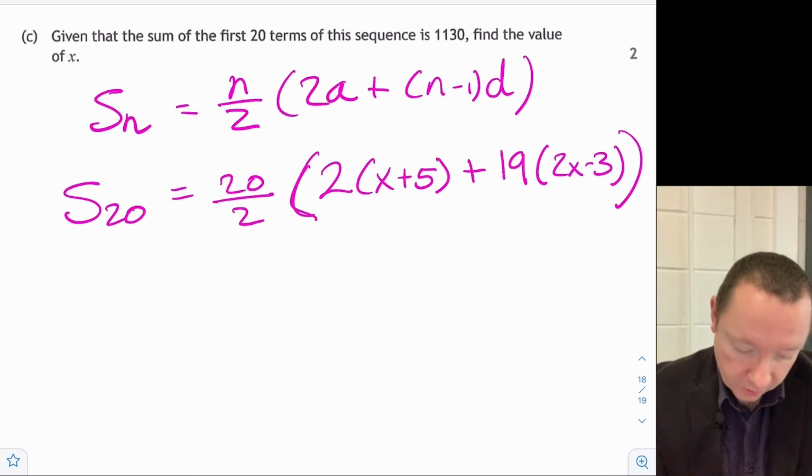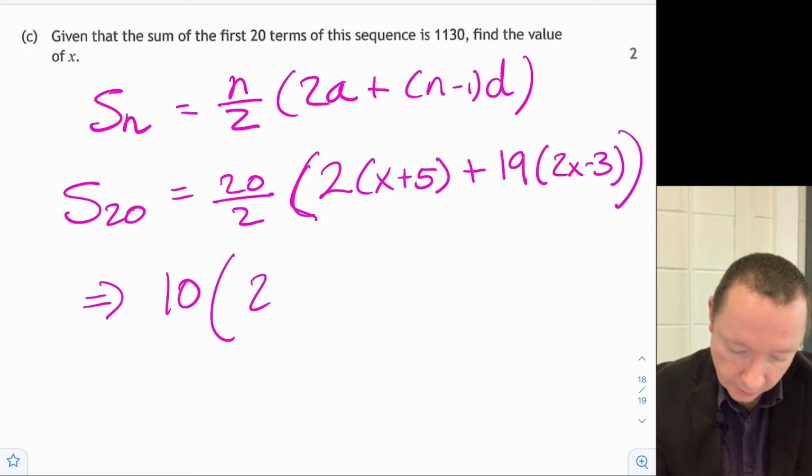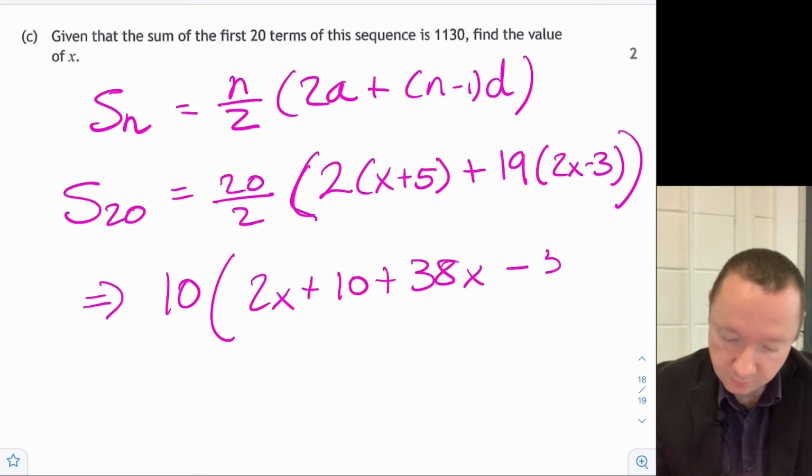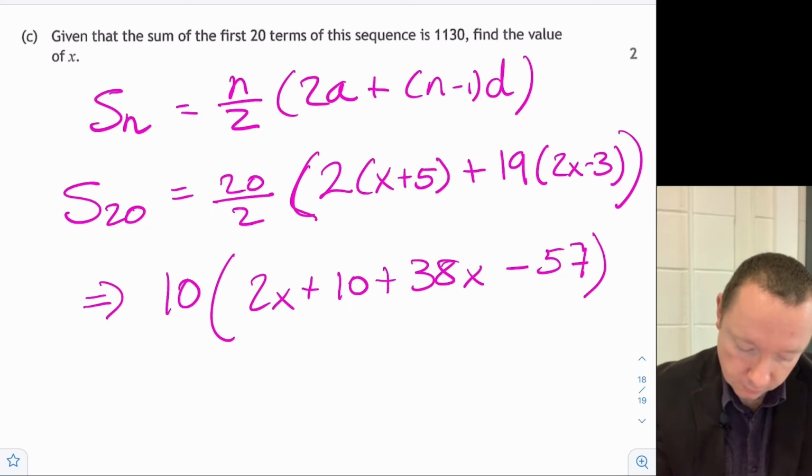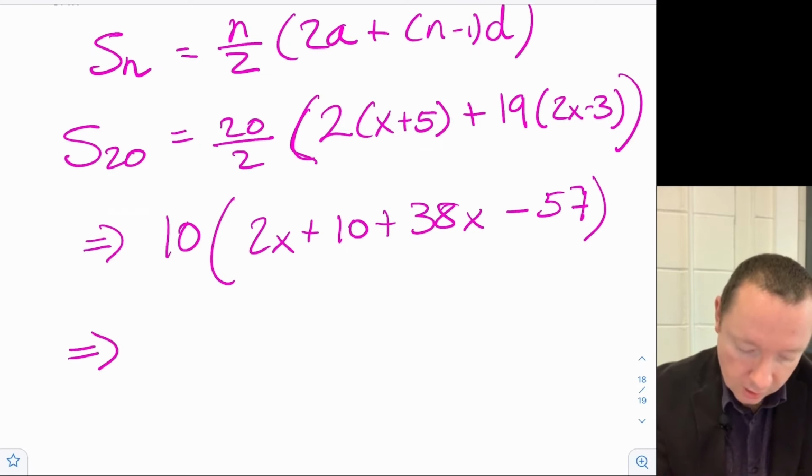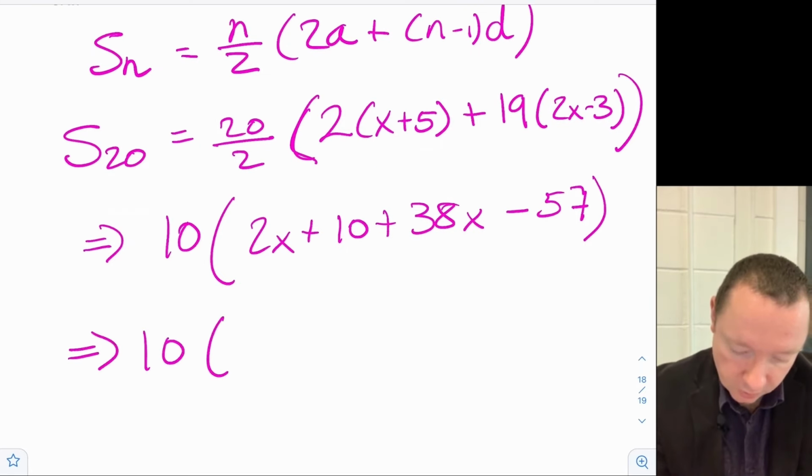Okay, so that implies we've got 10 on the outside, 2x plus 10 plus 38x minus 57. So that's 10 times 40x minus 47.